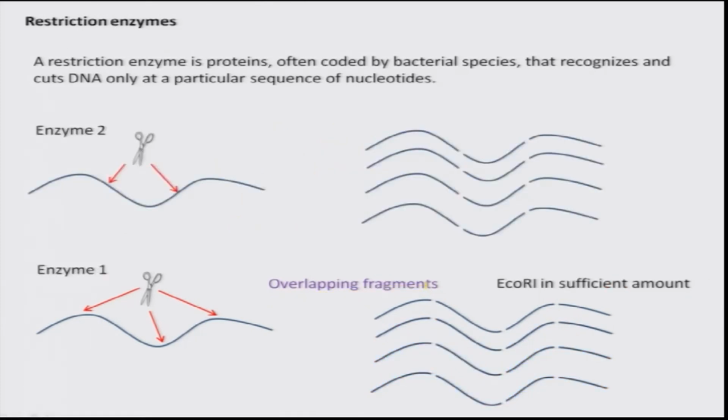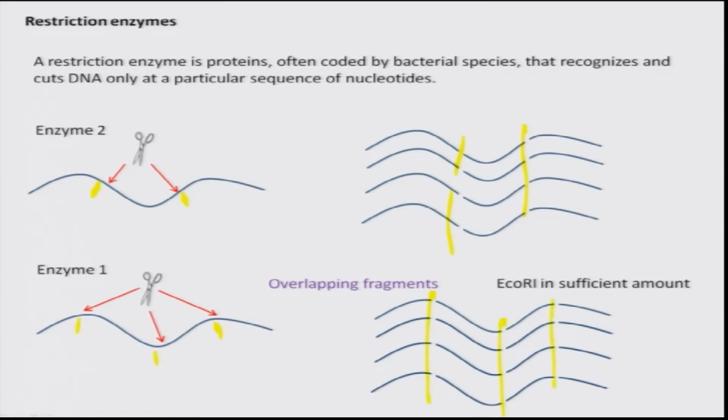For example, here I am taking enzyme 1 and enzyme 2, but the same DNA fragment. Enzyme 1 has got 3 sites as shown here, enzyme 2 has got 2 sites as shown here. If I perform 2 different digestions for the same DNA, you will find that for this it is cut here, and for this it is cut at 3 different sites.